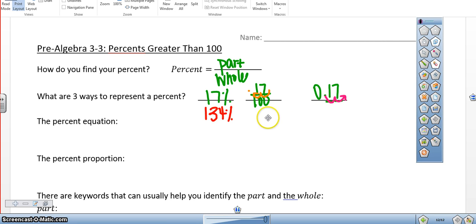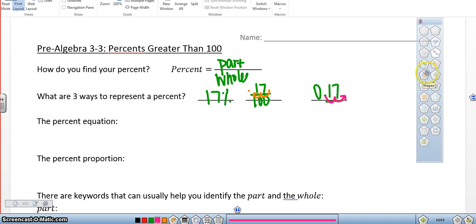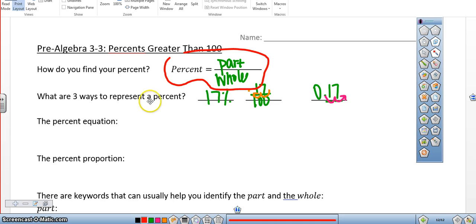Alright, well, we also have this thing that we use a lot whenever we talk about percents. It's called the percent equation. It's based back to the percent definition, like what it is. If we were to take this equation, percent equals part divided by whole, and multiply both sides by the whole, part times whole divided by whole is really just the part.